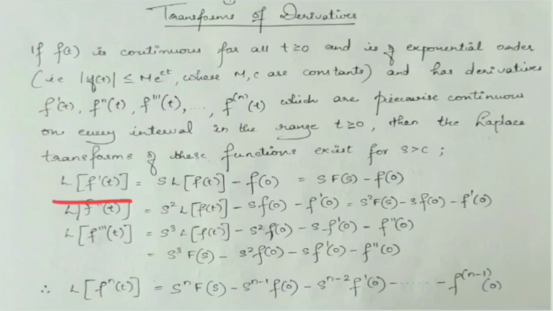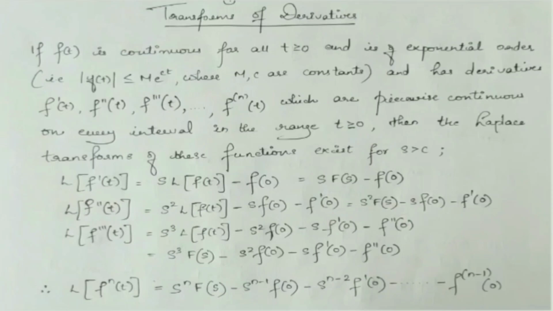Laplace of f dash of t is given by s Laplace of f of t minus f of 0, which is equal to s F of s minus f of 0, because Laplace of f of t is F of s. Laplace of f double dash of t is equal to s square Laplace of f of t minus s f of 0 minus f dash of 0, which is equal to s square F of s minus s f of 0 minus f dash of 0.